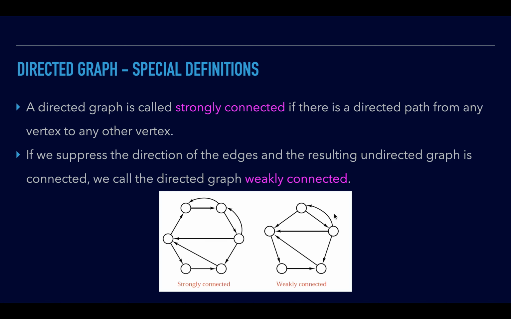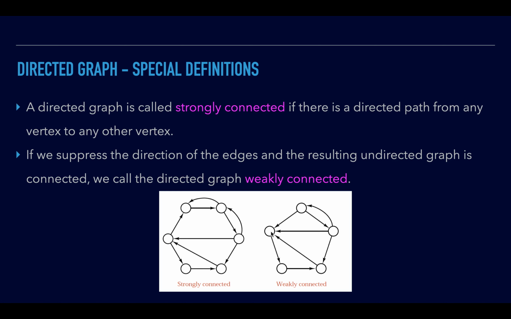And if you look at the second case, this is an example of a weakly connected directed graph. The reason for calling it a weakly connected graph is that, with this direction information, I cannot go from one node to another node. Suppose I try to go from this node to that node, then you will have to start from this vertex, go to this vertex, then to this.